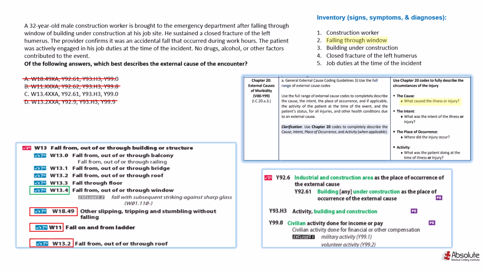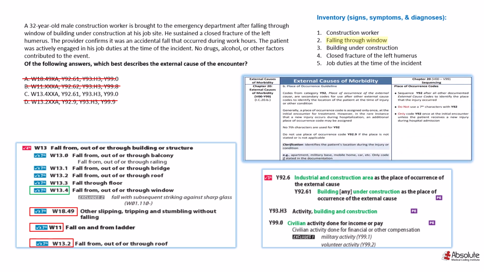And after we got the external cause codes, we have to identify the place of occurrence. Yes, and guideline C20P states that codes from category Y92 are used for place of occurrence of the external cause and are secondary codes for use after the external cause codes to identify the location of the patient at the time of injury and other condition.